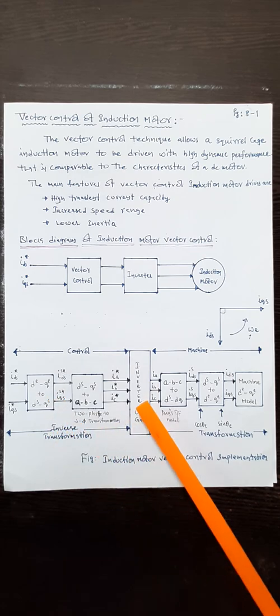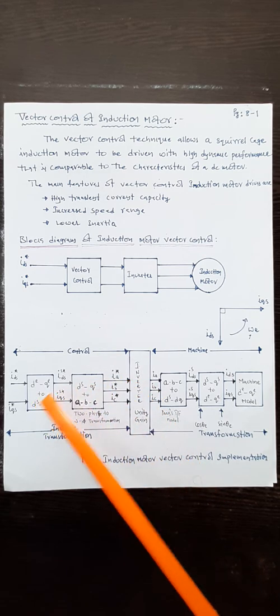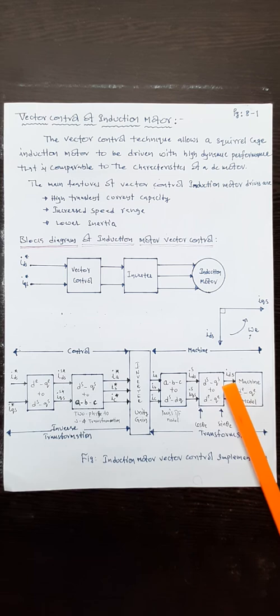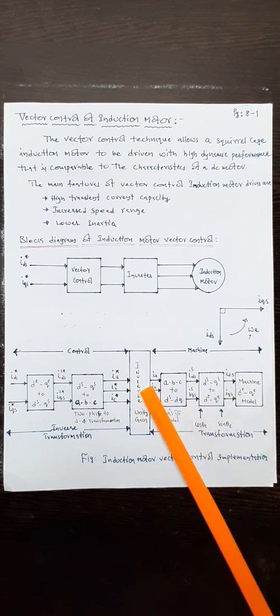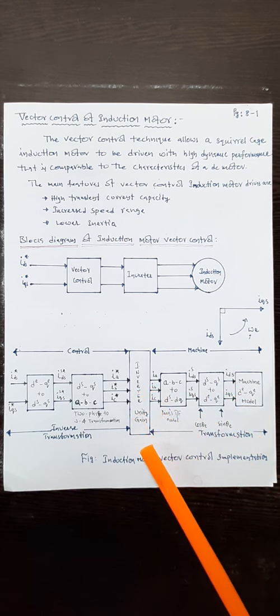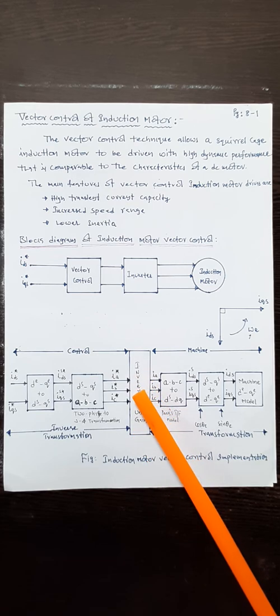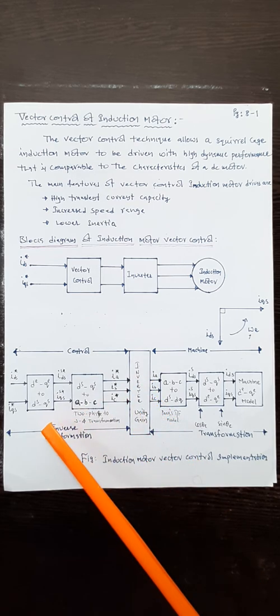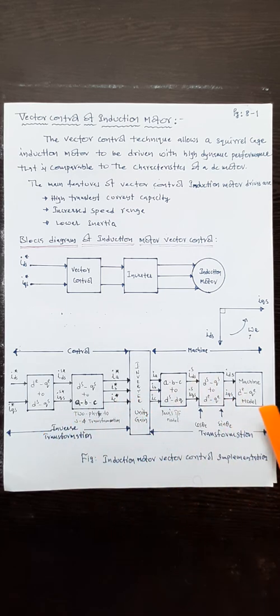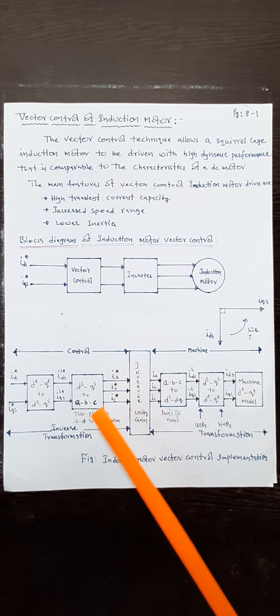It has two parts. The left part is the control part and the right part is the machine part, which are separated by the inverter unity gain. In this inverter unity gain, the control as well as the machine model are both attached.